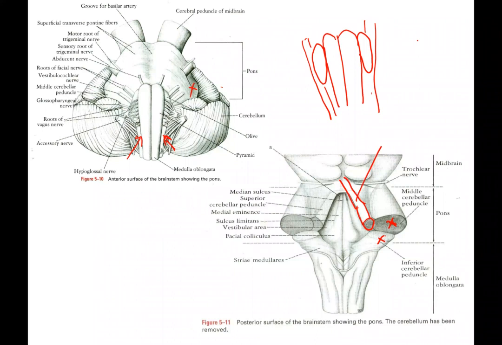This is the superior cerebellar peduncle. So in the end, the superior cerebellar peduncle connects the midbrain to the cerebellum. The middle cerebellar peduncle connects the pons to the cerebellum. The inferior cerebellar peduncle connects the medulla to the cerebellum. So that is it.